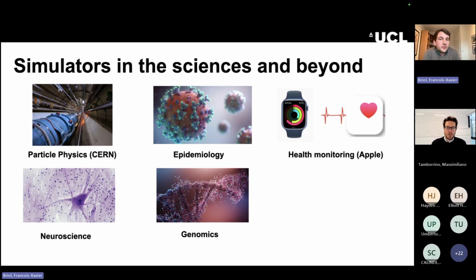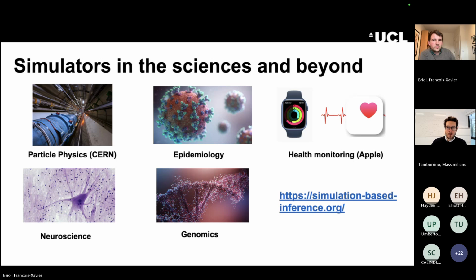Recently, I was at a conference in Singapore where someone talking in the same session as me was from Apple, and they were talking about how they're using simulation-based inference within the Apple Watch, the health monitoring in the Apple Watch. And there's this very nice website where you can find out about lots of advances, both on the more applied side and on the more methodology side in these neural-based simulation-based inference methods.